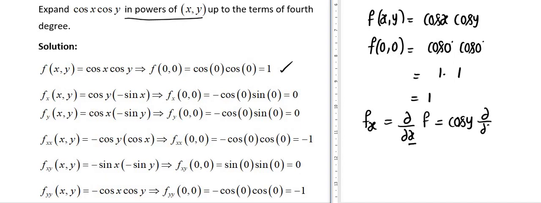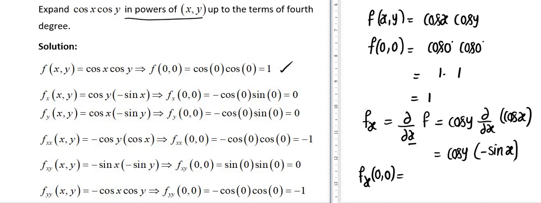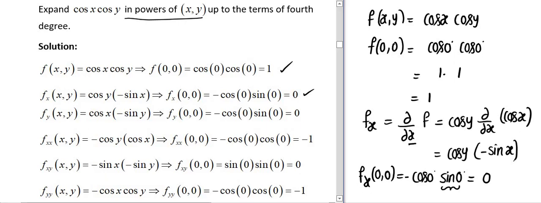Dou by dou x of the remaining one, cos x, is minus sin x. fx at 0, 0 is cos 0 into minus sin 0. We know the value of sin 0 is 0. 0 into anything is 0. That's why fx is 0.